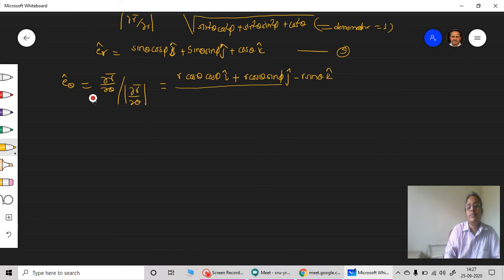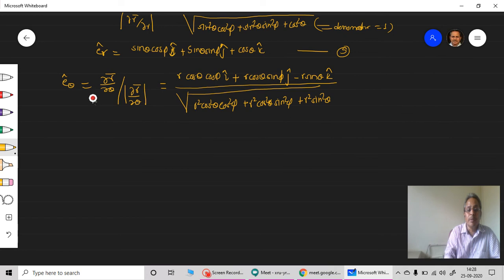Divide by, okay, again this is a vector, 3 components, so square of first component, second component and third component, so it becomes r square cos square theta into cos square phi plus r square cos square theta into sin square phi, and now even though it is minus here, making it square, I will get plus r square into sin square theta.